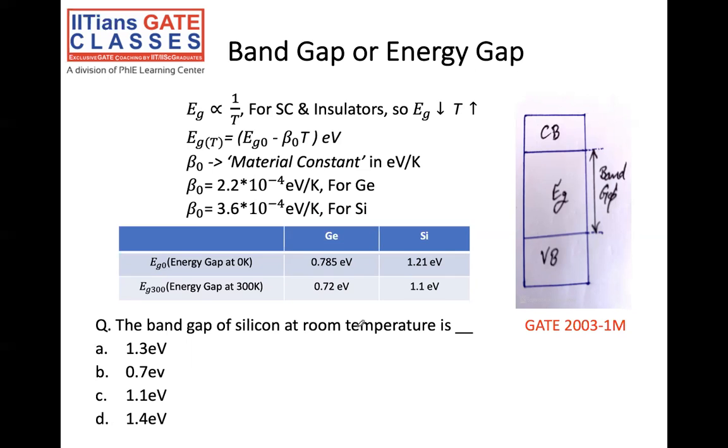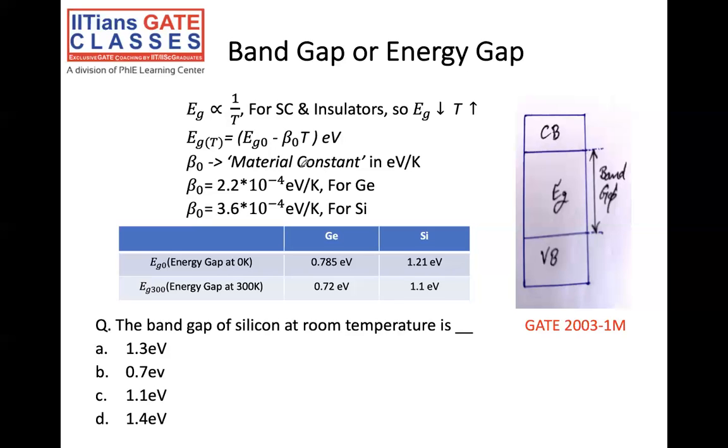So from this, we can easily say Eg decreases as the temperature rises. So the Eg expression for any semiconductor material is given as Eg at any temperature T is equal to Eg at T equal to 0 Kelvin minus beta naught into T, in electron volt.